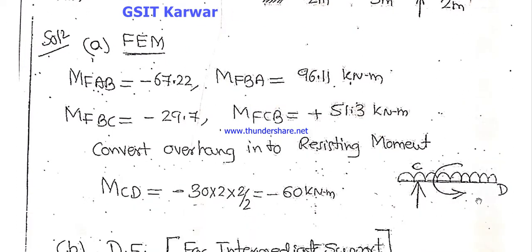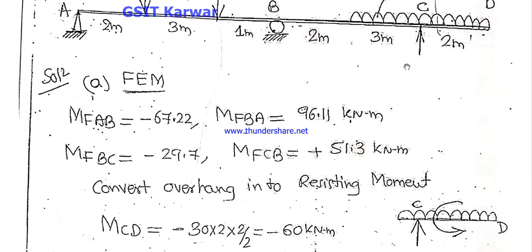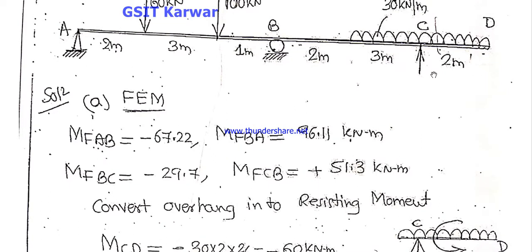Yes, here you can directly take the moment by applied load. How are we going to calculate? See, the given UDL is 30 kN per meter and the span CD length is 2 meter.